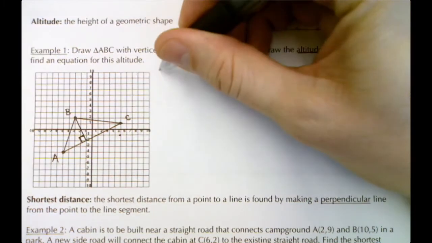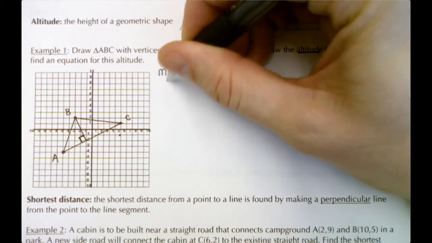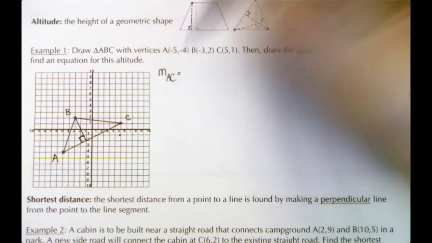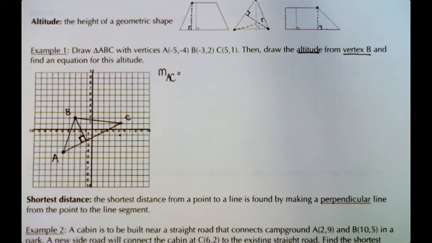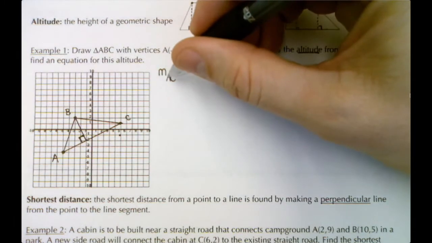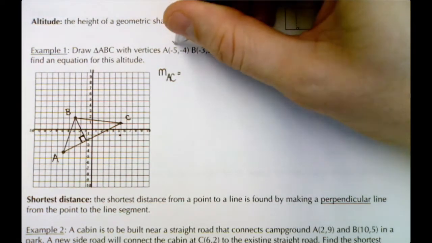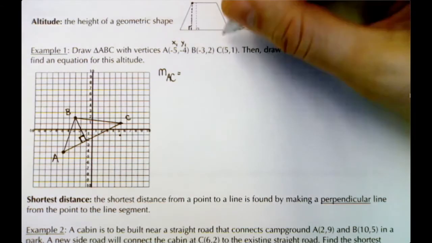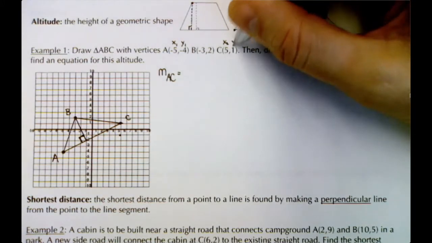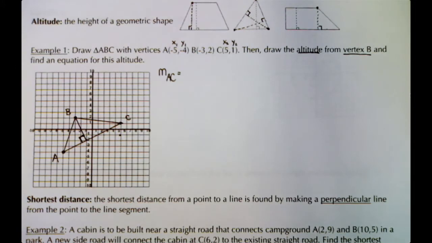So let's start by finding the slope of AC. And remember how to find the slope. It's y2 minus y1 over x2 minus x1. My points are A and C, x1, y1, x2, y2. And the slope formula is y2 minus y1.